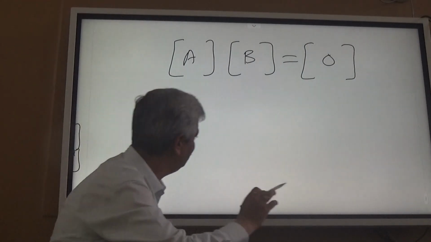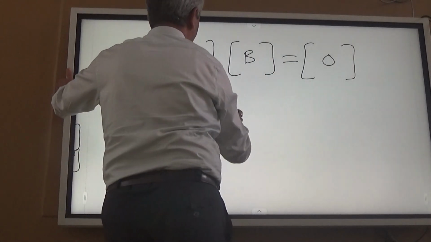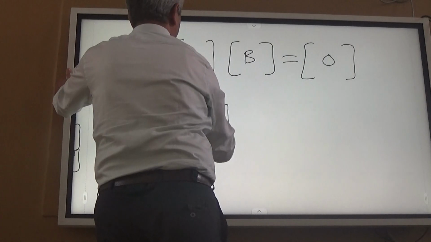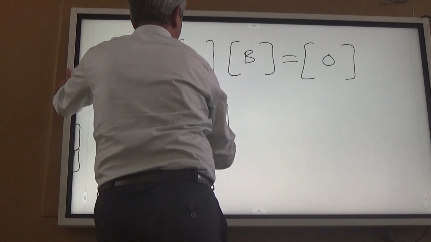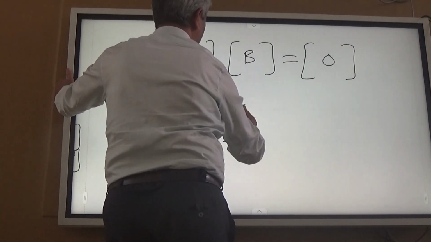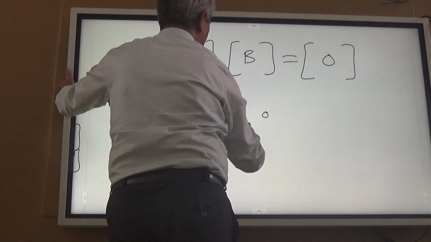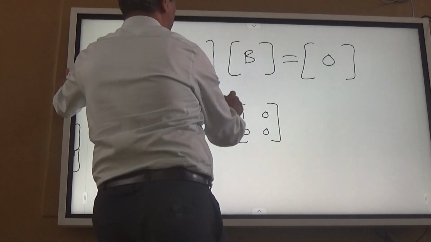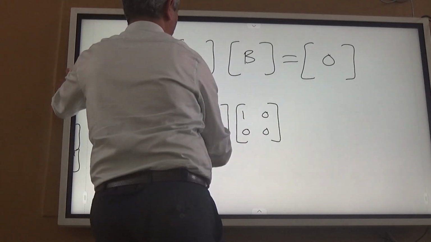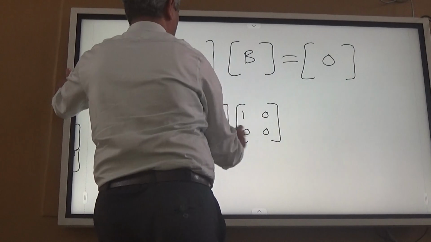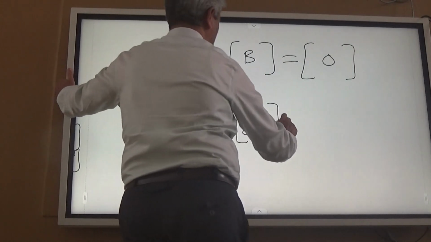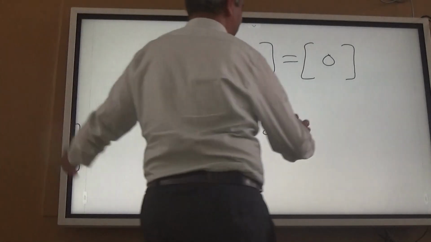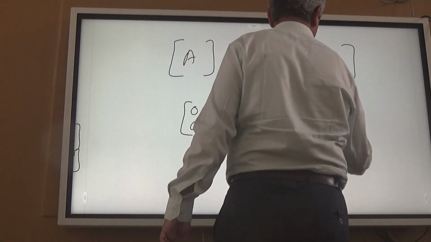Again here there is scope for you to think. Take the matrices 0, 0, 0, 1 and 1, 0, 0, 0. First row into first column, first row into second column, second row into first column, second row into second column. So what is that? It is a null matrix?